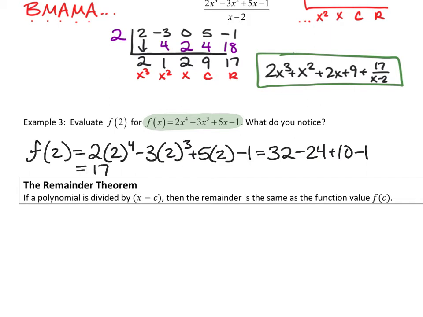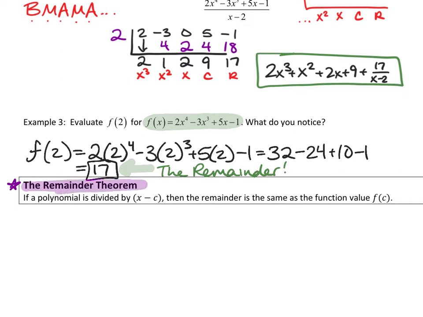What do you now notice? Hopefully you're like, wait a second, wasn't that the remainder? And that's exactly true. We actually have an entire theorem for this. It's called the remainder theorem.